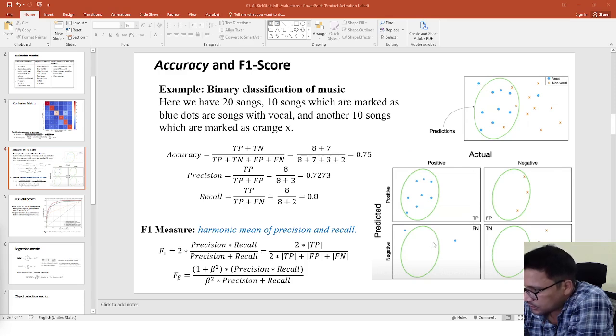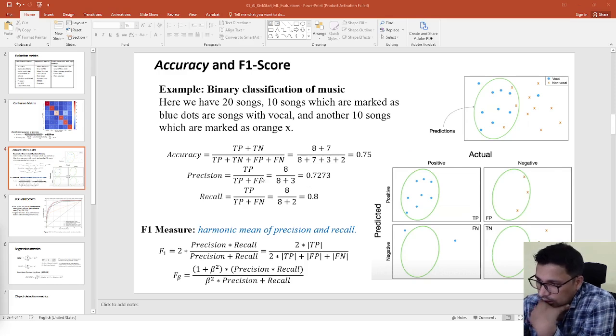That's why these are the false negative samples. And all these samples denoted by the orange cross sign are non-vocal samples, and the model also predicted them as non-vocal. That's why these are the true negative samples, right? Now you can understand what is the true positive, what is the false positive, what is false negative, and what is true negative, right? And now the accuracy is the true positive plus true negative divided by true negative plus true positive plus false positive plus false negative, right?